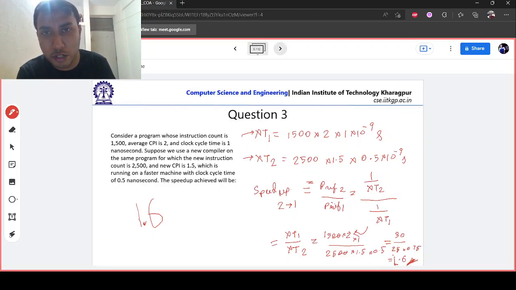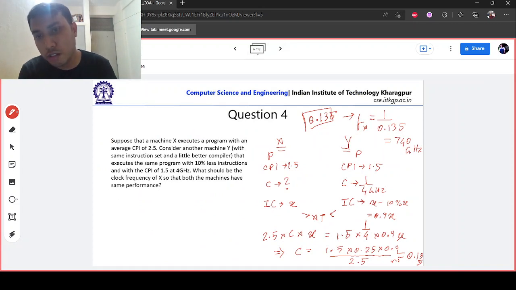Okay, question number 4. It says we have a program P that is being executed on two different machines, X and Y. The CPI in the first one is 2.5, and the CPI in the second one, Y, is 1.5. The clock frequency of the first is not given, and for the second, 6 gigahertz is given, so the clock cycle is 1 by 6 gigahertz.